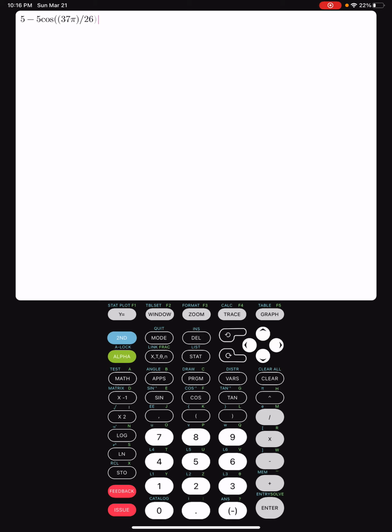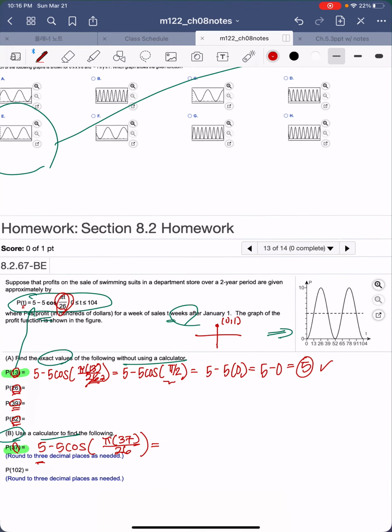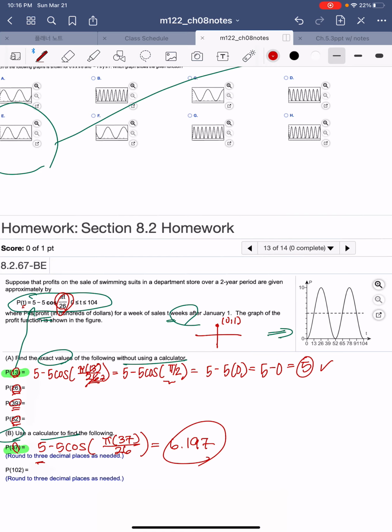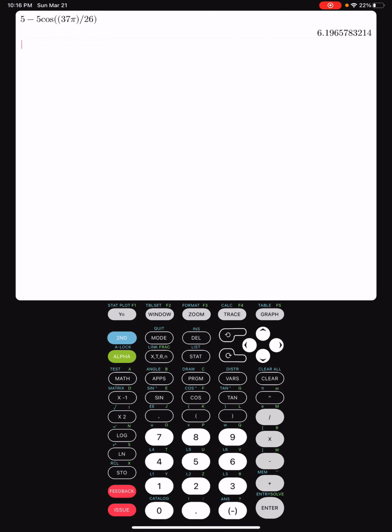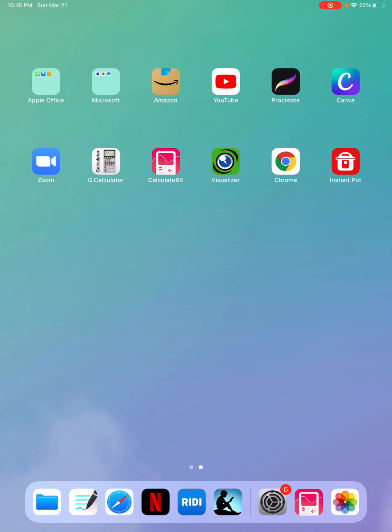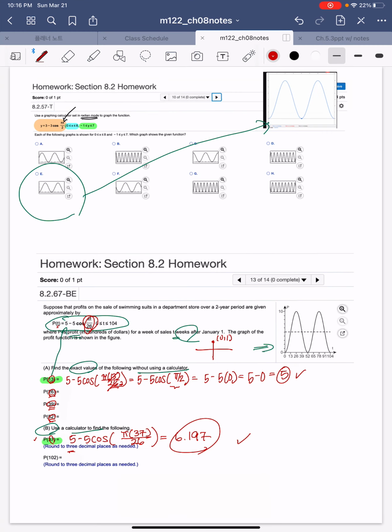Close the parentheses. Rounding to 3 decimal places, I get 6.197. 6.197 is the final answer, rounded to 3 decimal places. Okay. So you'll do the same thing for the second part.